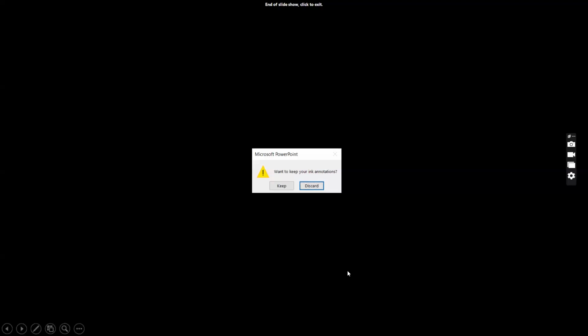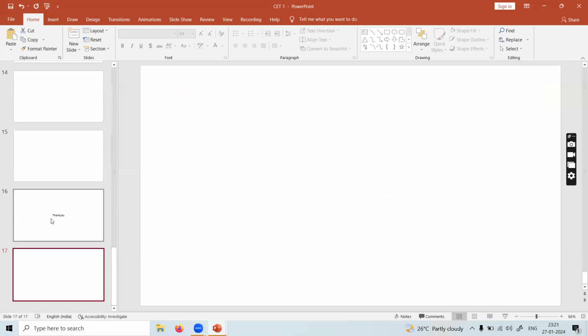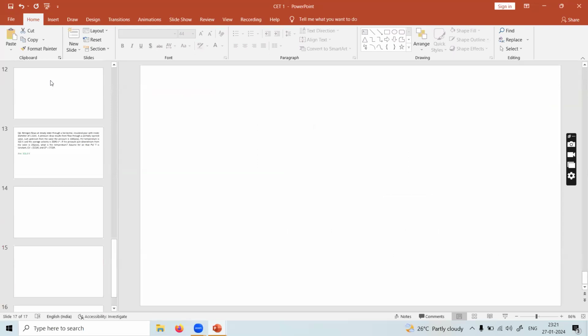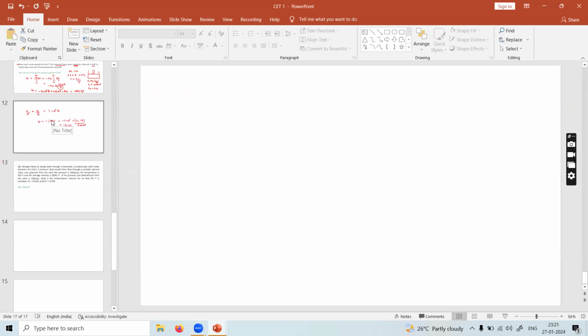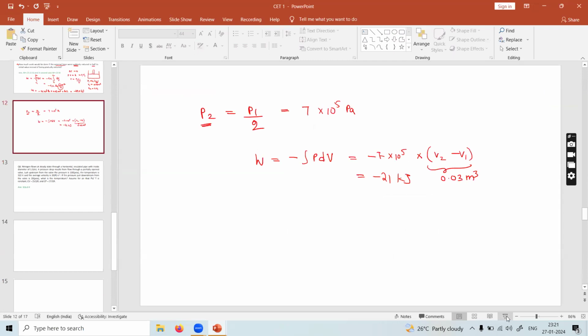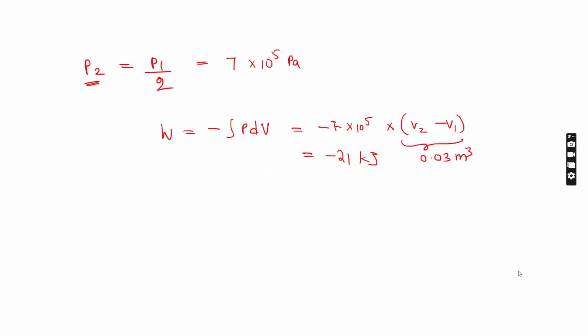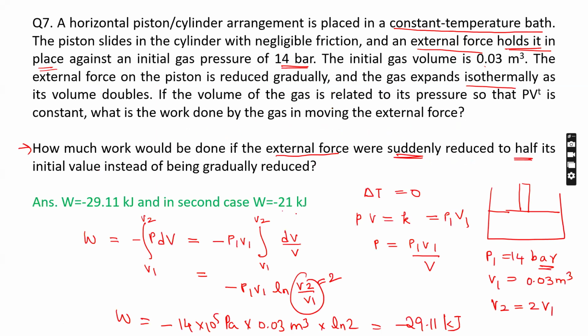So here we understand that it was 21 kilojoules for the sudden change and 29 kilojoules for the gradually reduced case.